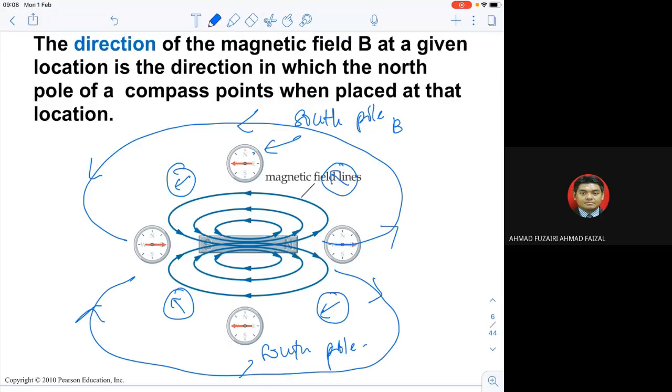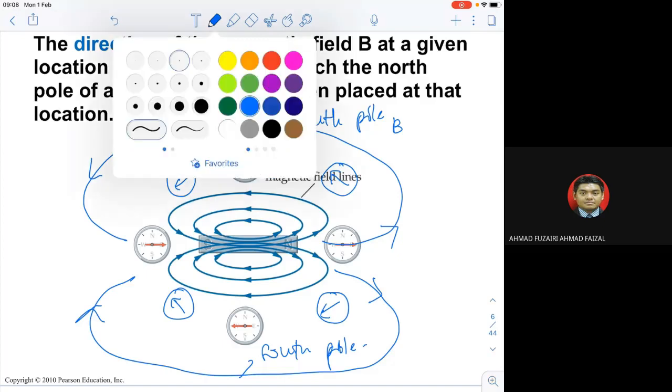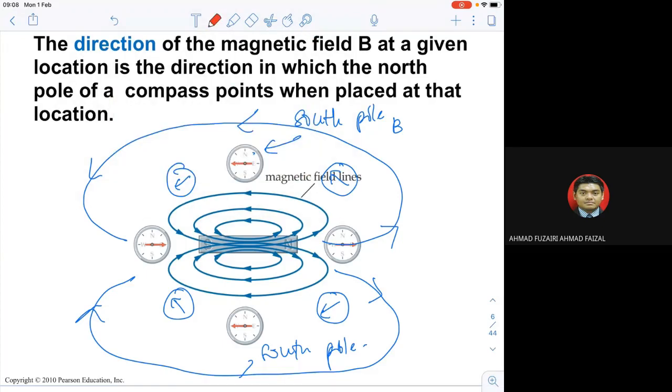When you put a lot of compasses around the magnet, you can see the arrows coming out from the north pole of the magnet and going into the south pole of the magnet. So it goes like this.